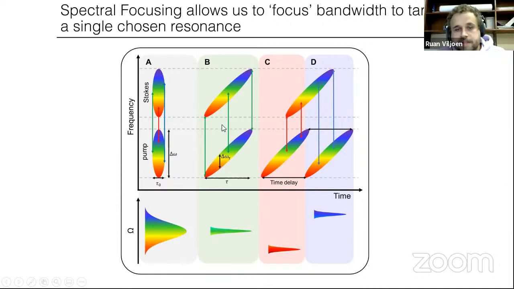To tailor this to target different excitations, you can simply introduce a time delay in your pump or Stokes, which changes this spectral distance and then changes what frequency you target. So this is how it works classically.